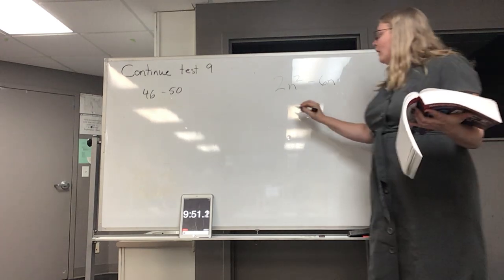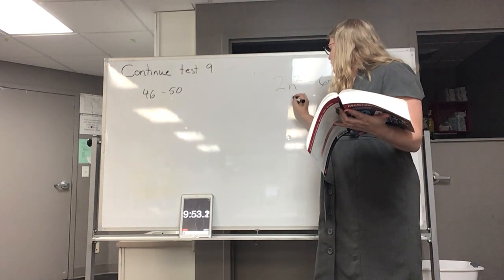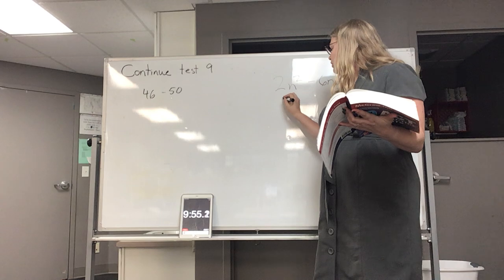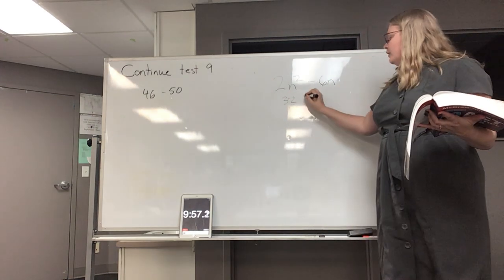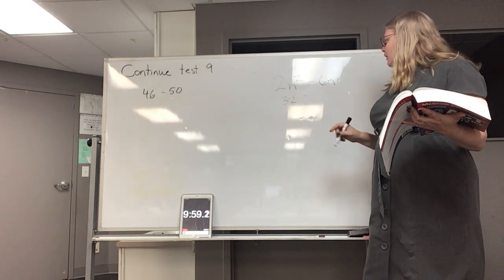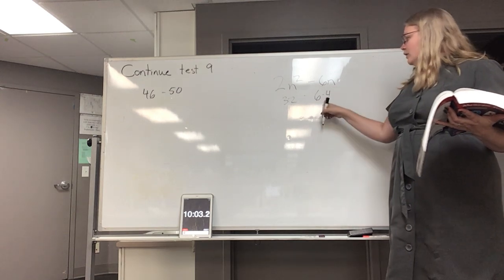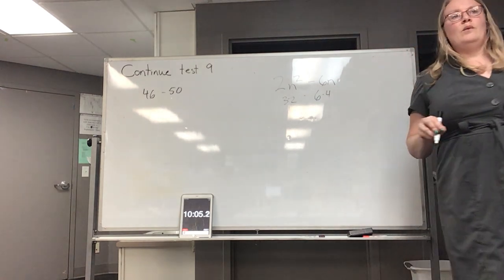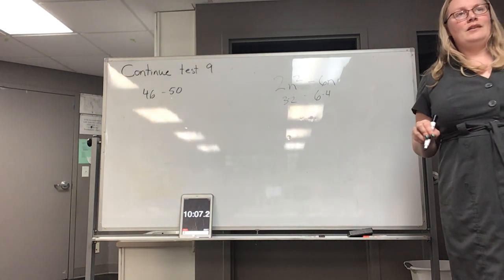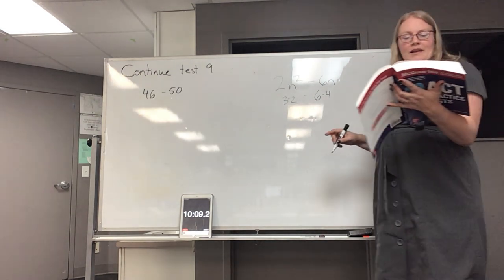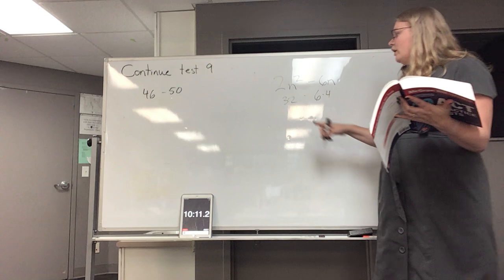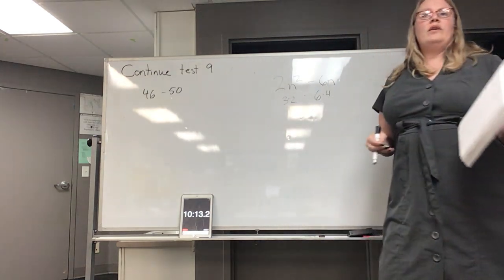If I pick 4 squared, 16 times 2 is 32. 32 minus 6 times 4, 32 minus 24, what do we get? 8. And so my guess is that the 6 isn't going to work. I'm going to double back with 7.